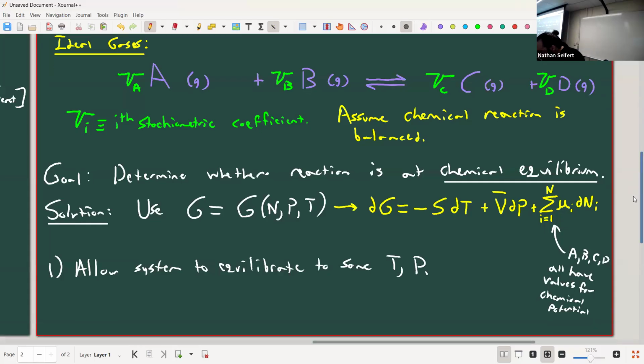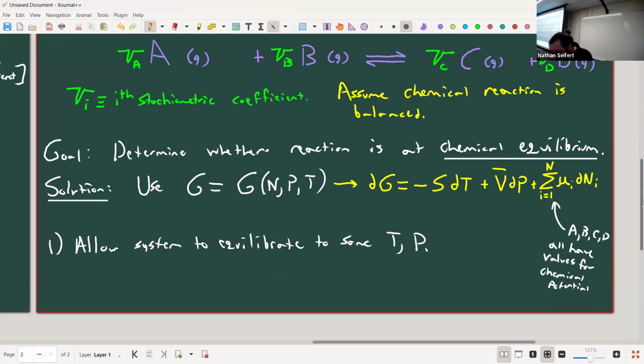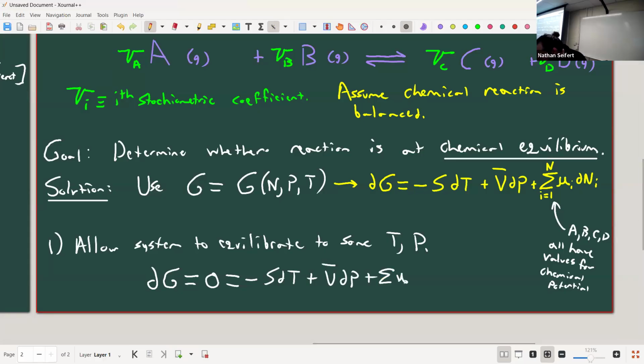So that means at this point, dG, the change in Gibbs energy at this equilibrium point, is 0. And so at this point, the sum of all of these terms is equal to 0.